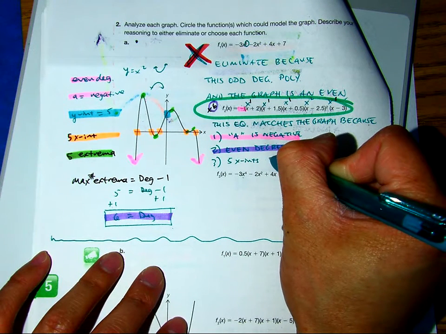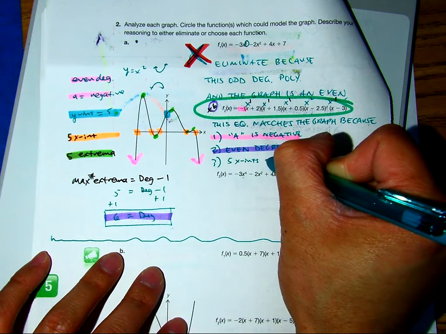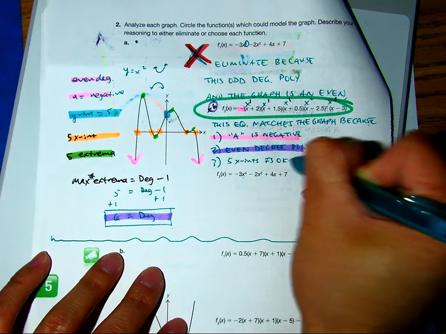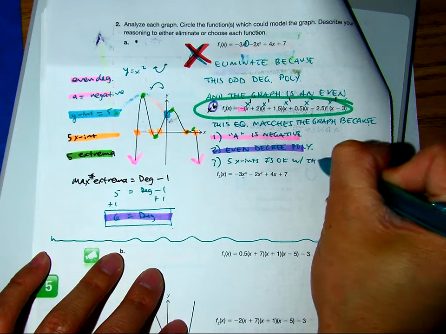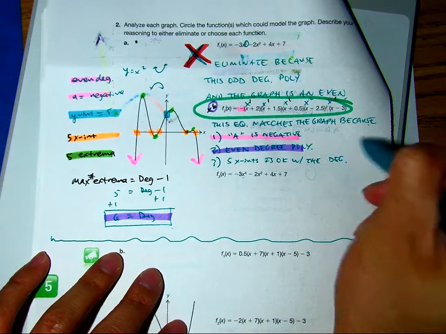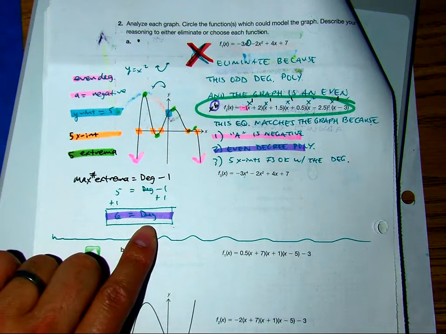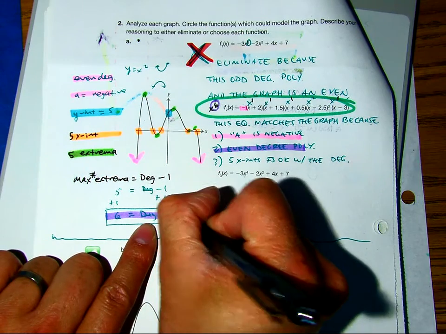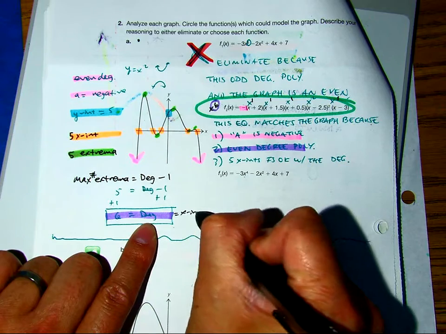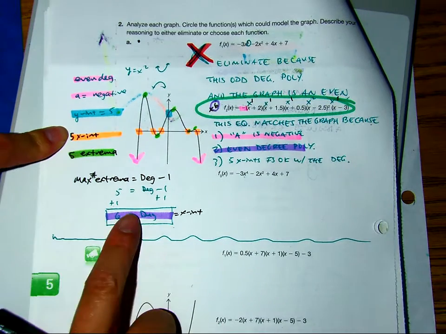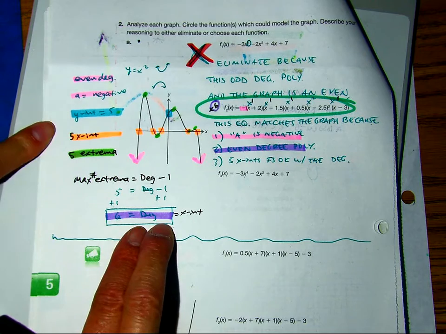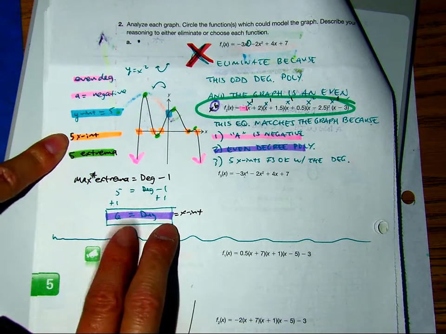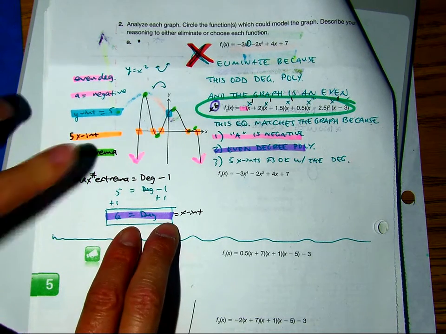Is acceptable. Let's write is okay with the degree. Because remember, the degree equals the number of x-intercepts. So here we counted 5, but we have a degree 6. That is okay. If you had something like 8 x-intercepts and a degree of 4, that doesn't make sense, so it wouldn't work.